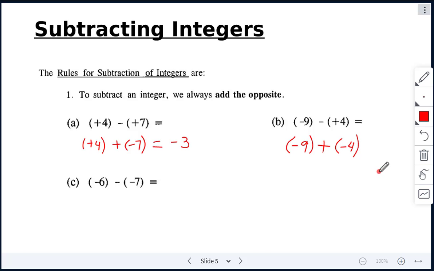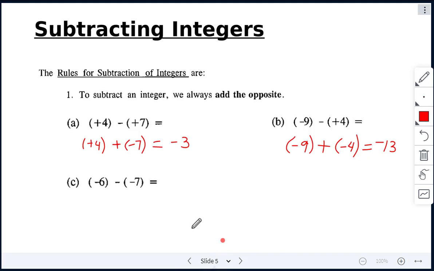Now we have addition, so we're just going to use our addition rules. Our signs are the same, so we add and keep the sign the same. 9 plus 4 is 13. Both signs are negative, so we're going to leave this as negative 13.